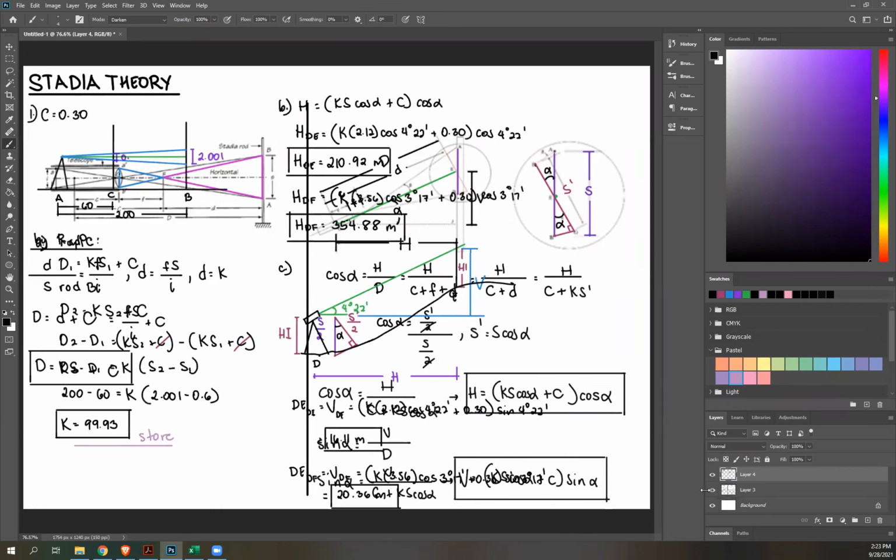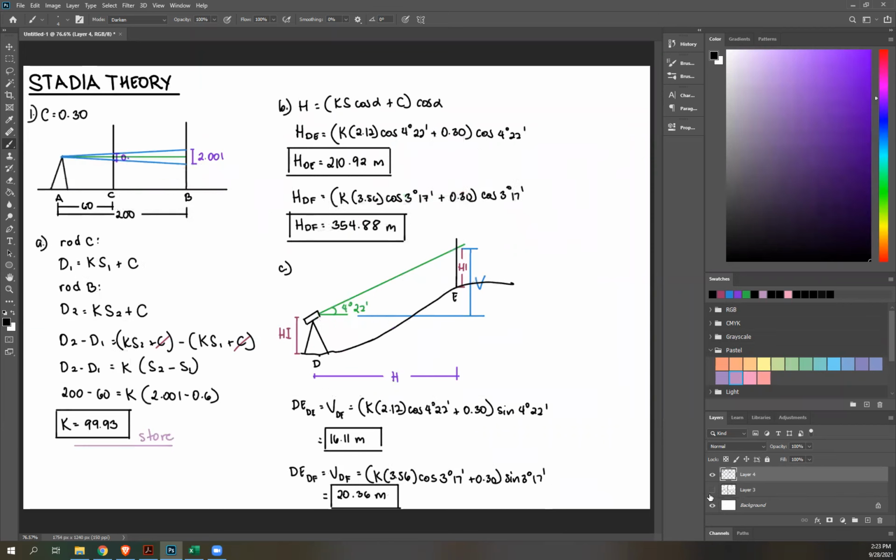Okay, and again, if the height of the instrument isn't given, to make it clearer, since this is equal, we can assume that's equal if HI isn't given, and this is what we're looking for.